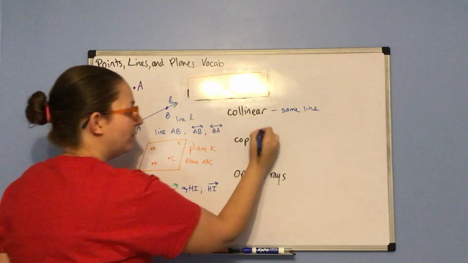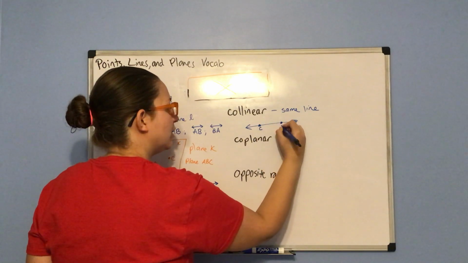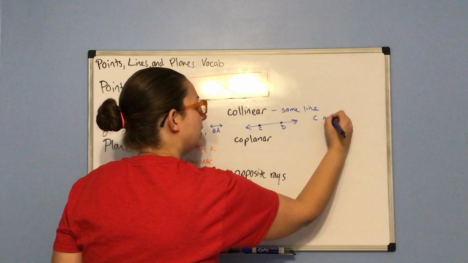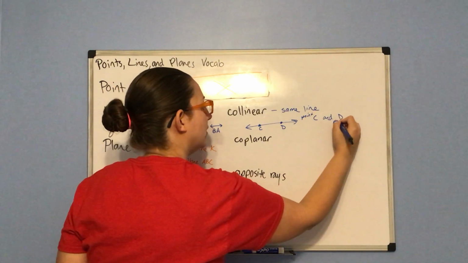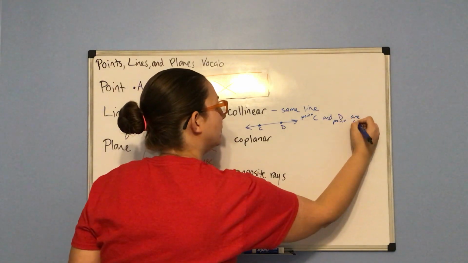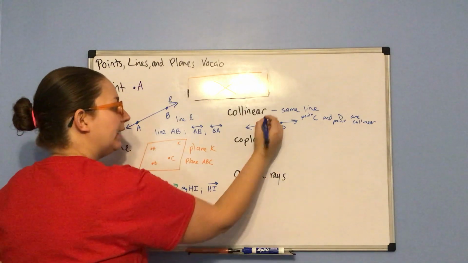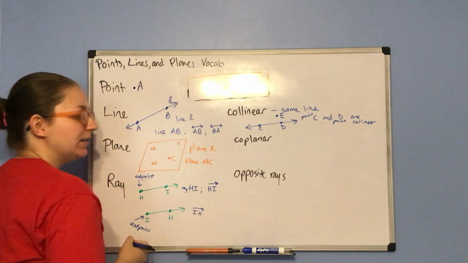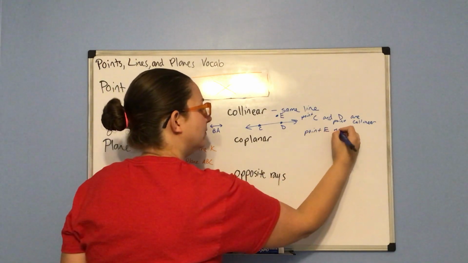To give you an example, here's a line, here's point C, here's point D. Points C and D are collinear. If I have a third point E, see how that point E is not on the same line as C and D? Point E is not collinear.